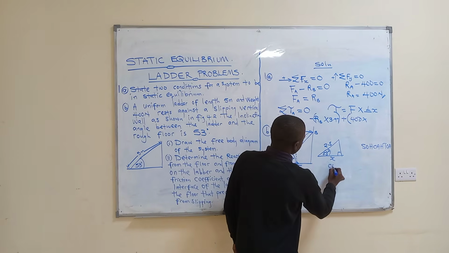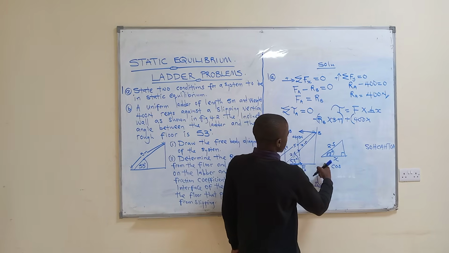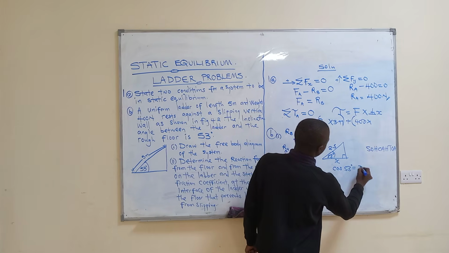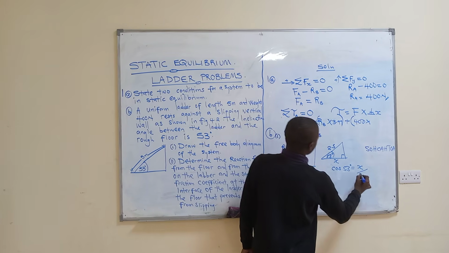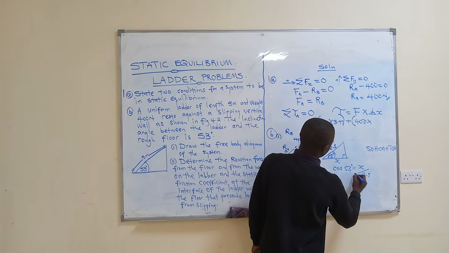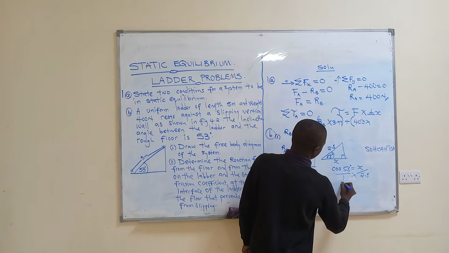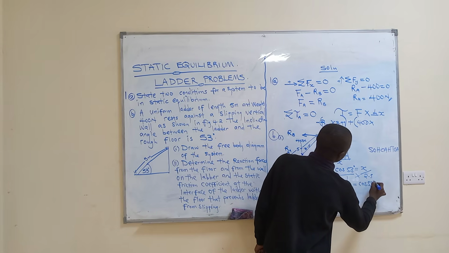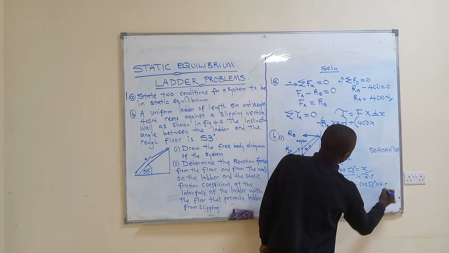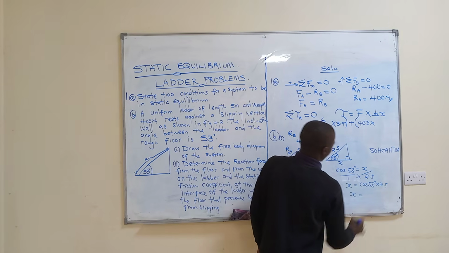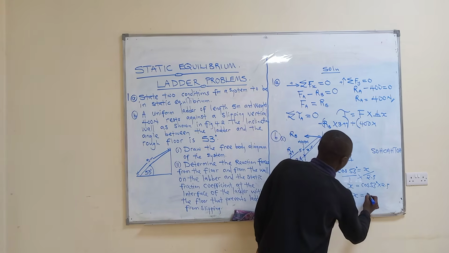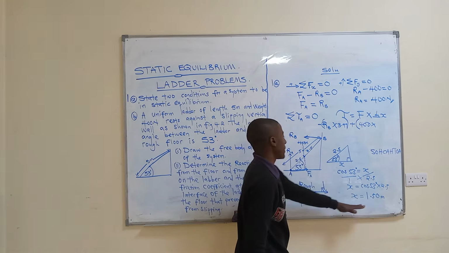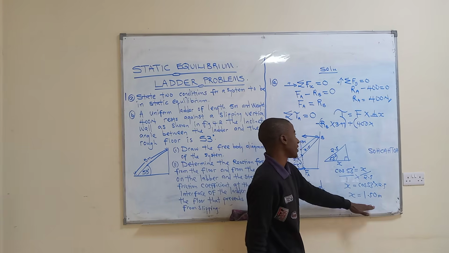So that is cos, that is adjacent: cos 53 degrees is equal to x over hypotenuse, which is 2.5 over 1. Cross multiplication, that is cos 53 degrees times 2.5. When you multiply, what are you getting? 1.50. 1.50 meters. So this is my perpendicular distance that is going to be multiplied with the weight force.